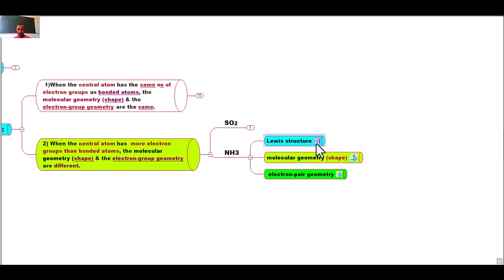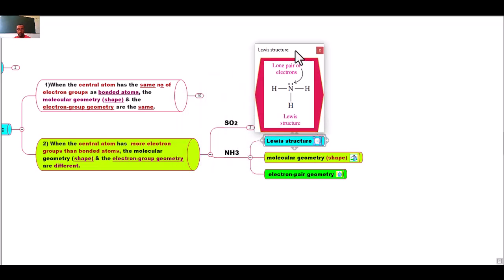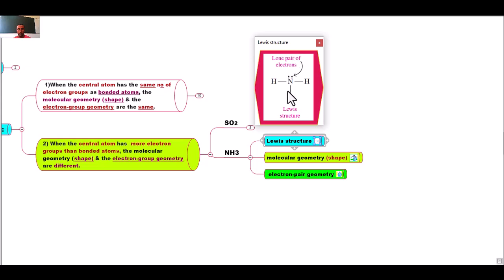If you draw the Lewis structure for ammonia, you will get this. How many atoms surround the central atom nitrogen? 1, 2, 3 hydrogen atoms surround it. How many electron groups surround it? 1 lone pair, 2, 3, 4. So there is a different naming of the geometry.